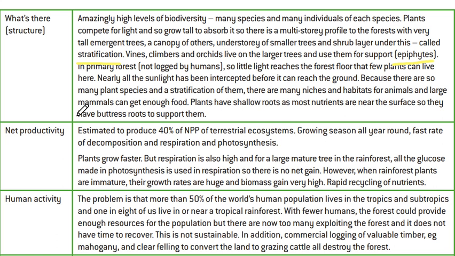Then in primary forests, which are not logged by humans, there is little light reaching the forest floor, leading to very few plants being able to survive below that point, because all sunlight has been intercepted by the taller trees before it can reach the ground. And because there are so many plant species and stratification of them, there will be niches and habitats.